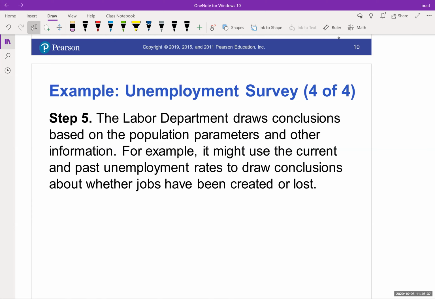The Labor Department draws conclusions based on the population parameter and other information. For example, it might use the current and past unemployment rates to draw conclusions about whether jobs have been created or lost. So this happens all the time, and people try to mislead you with statistics. If you compare how many people were unemployed 75 years ago versus currently, it would be a lot more now.